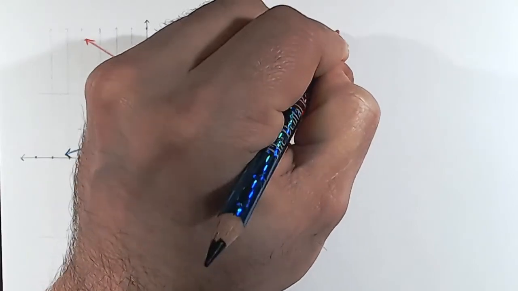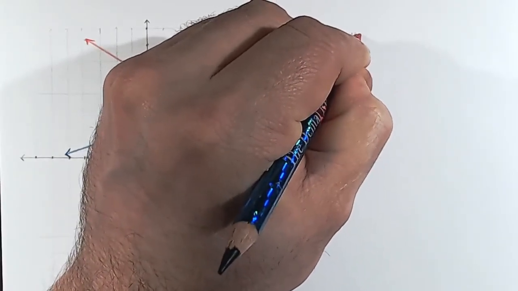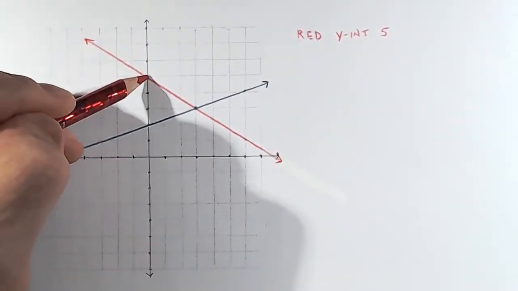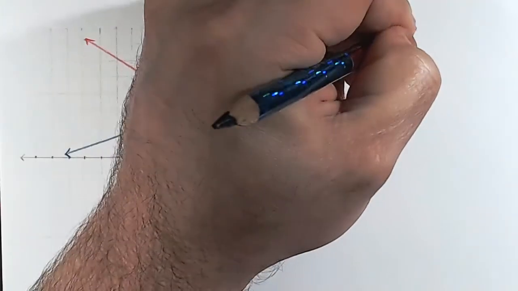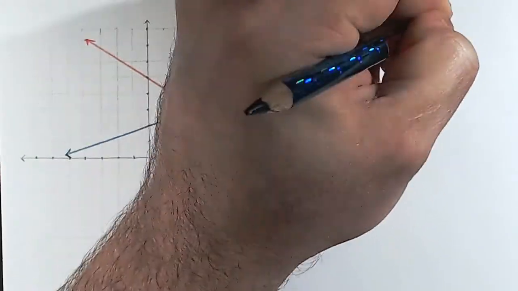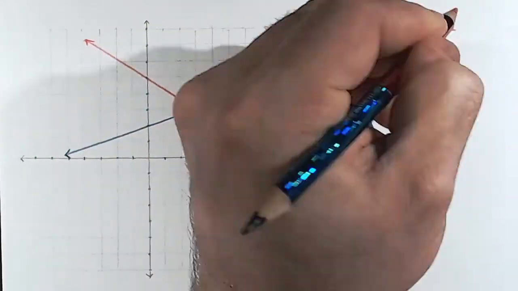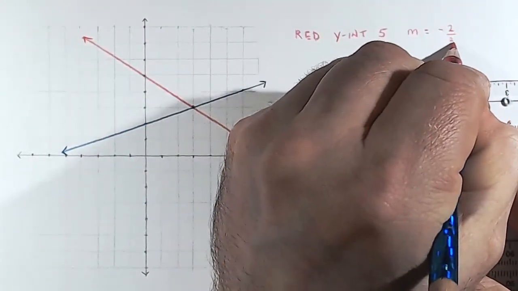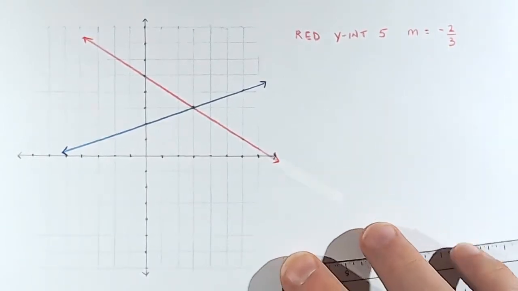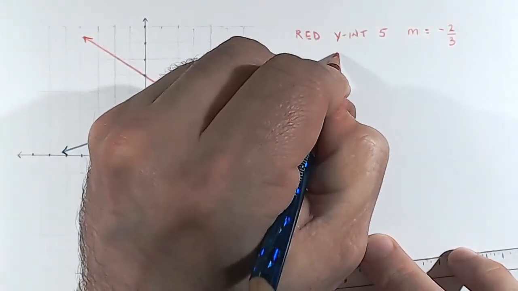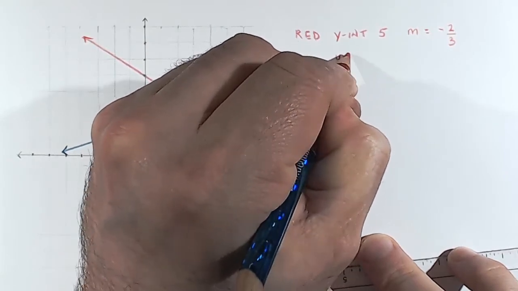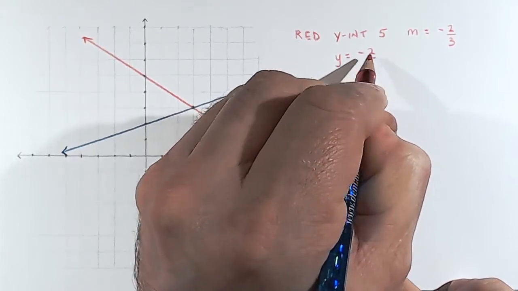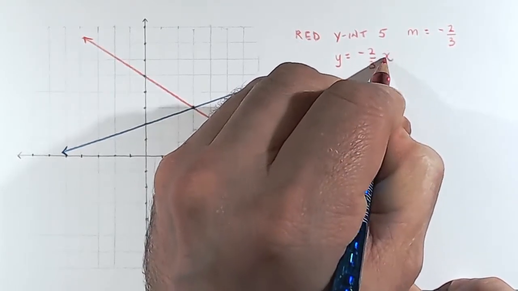Okay, so this is the red line. It has a y-intercept at 5, and it has a slope of -2/3. Okay, so if I just plug this into the slope-intercept form, I can write y equals -2/3 x plus 5.